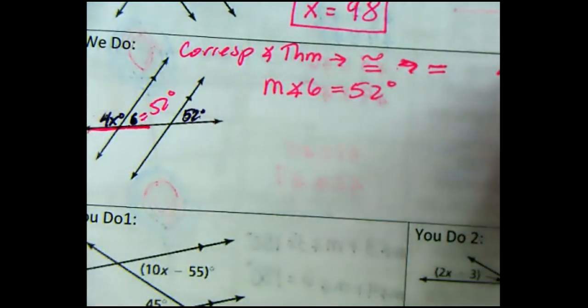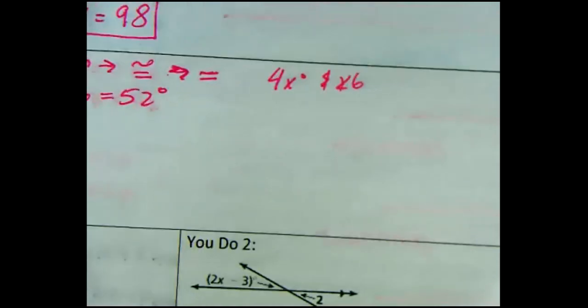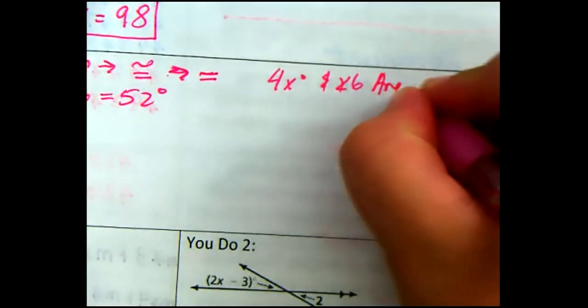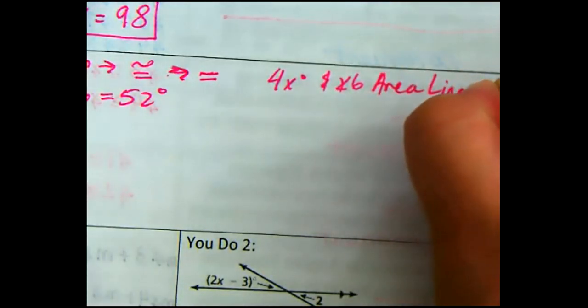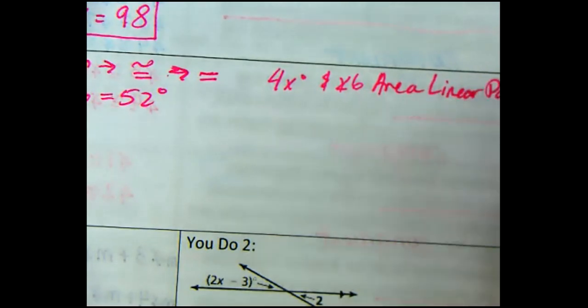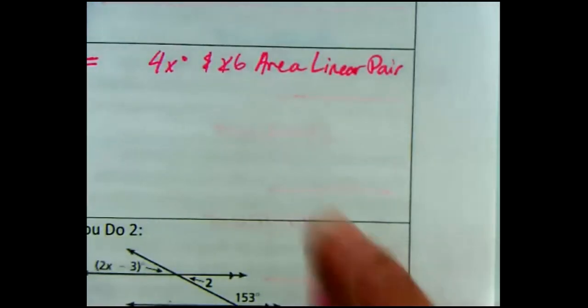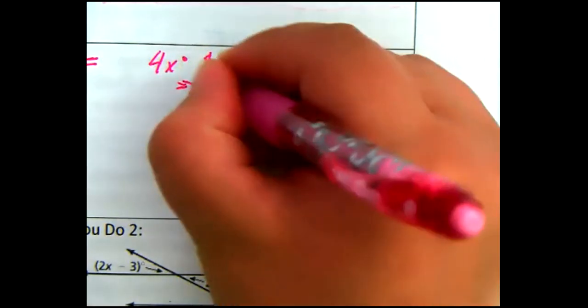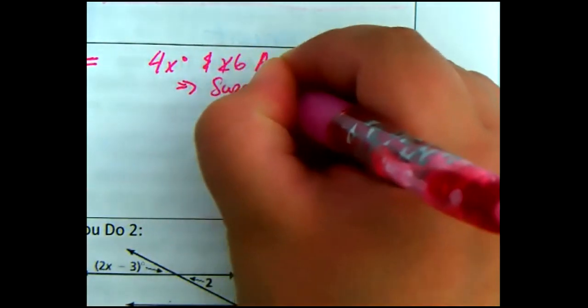So 4x degrees and angle 6 are a linear pair, which means they are supplementary.